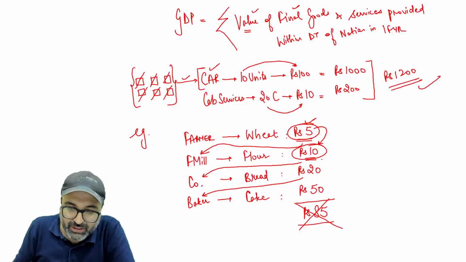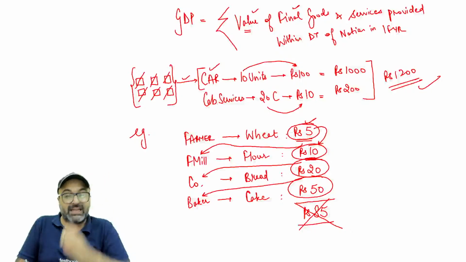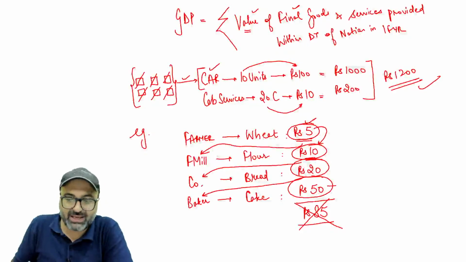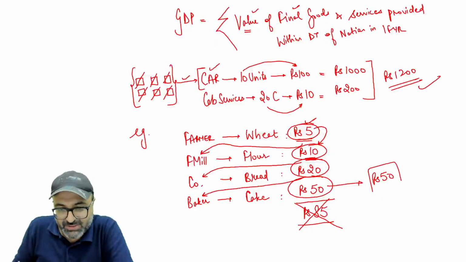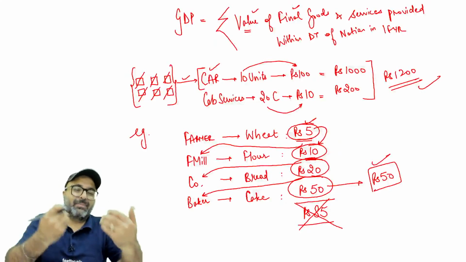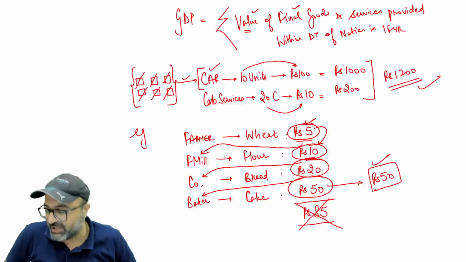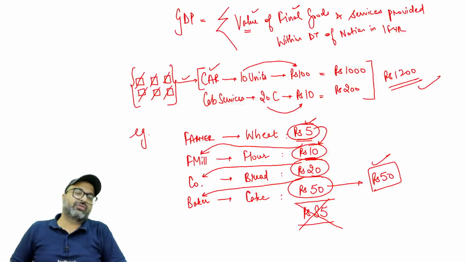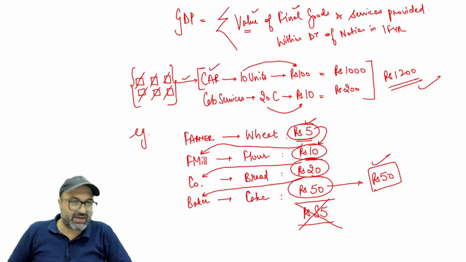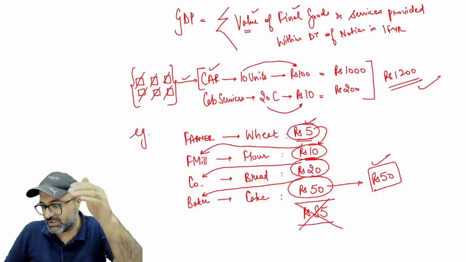If I say flour, it is already included in bread, and if I say bread, it is already included in cake. So the product which is going to be finally consumed by you and me is cake. So the GDP of the country in this hypothetical example is going to be 50 rupees. That is basically known as final good. That is basically known as the sum of value of final goods and services provided within the domestic territory of the nation in one financial year.